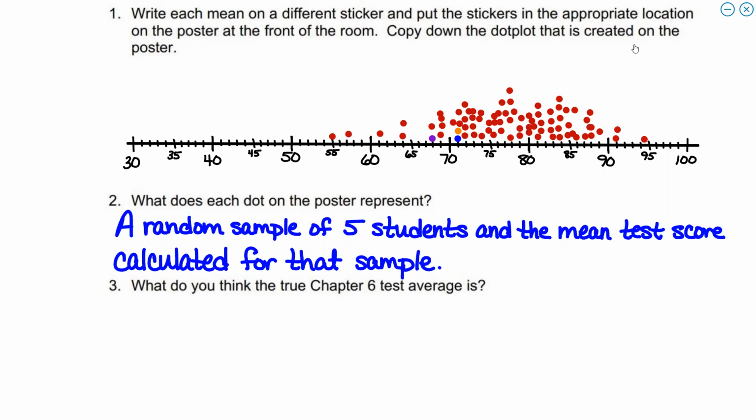What does X bar mean again? A sample mean. So each one of these, like this guy right here, that is a sample mean. This one right here, this is a sample mean. Every single one of these dots is a mean test score for 5 students in the class that I selected from.